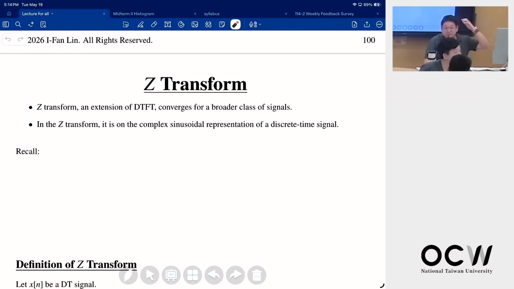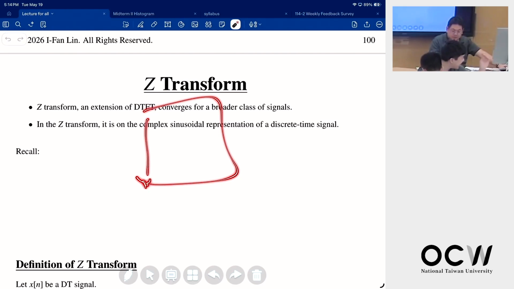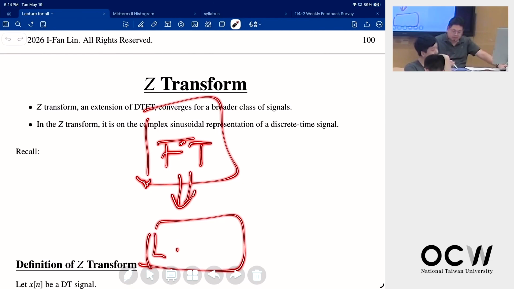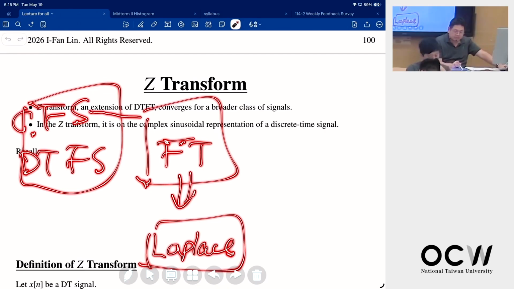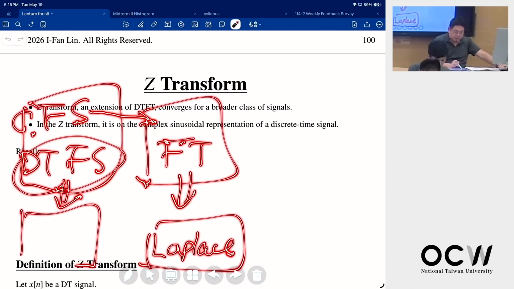First, what is the Z transform? Again, remember that we have Fourier transform, right? For the Fourier transform, the extension is Laplace transform. And before Fourier transform, we had Fourier series. We have a continuous time Fourier series and discrete time Fourier series. Continuous time Fourier series, we extend to Fourier transform. Discrete time Fourier series, we extend to discrete time Fourier transform.